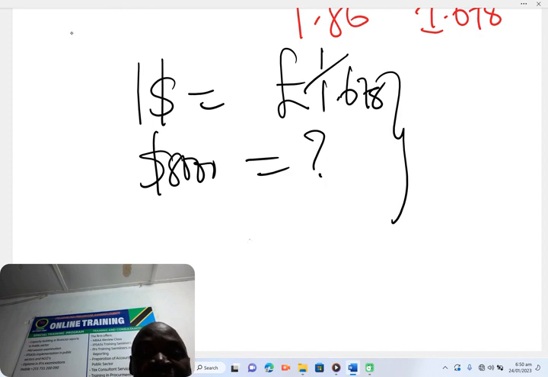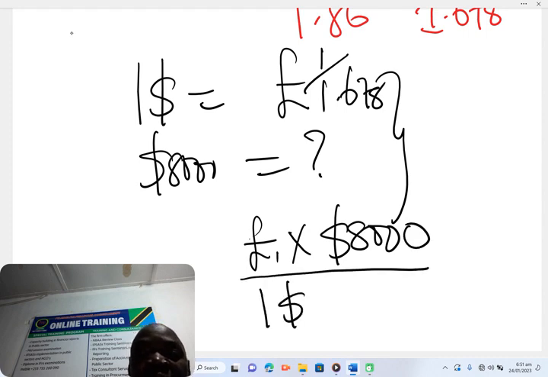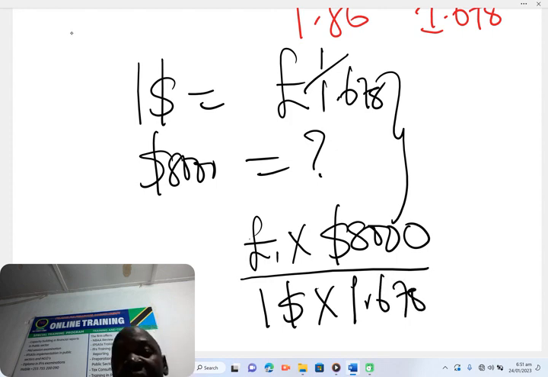So this is £1 times $8,000 divided by $1 times 1.678. How much is this?